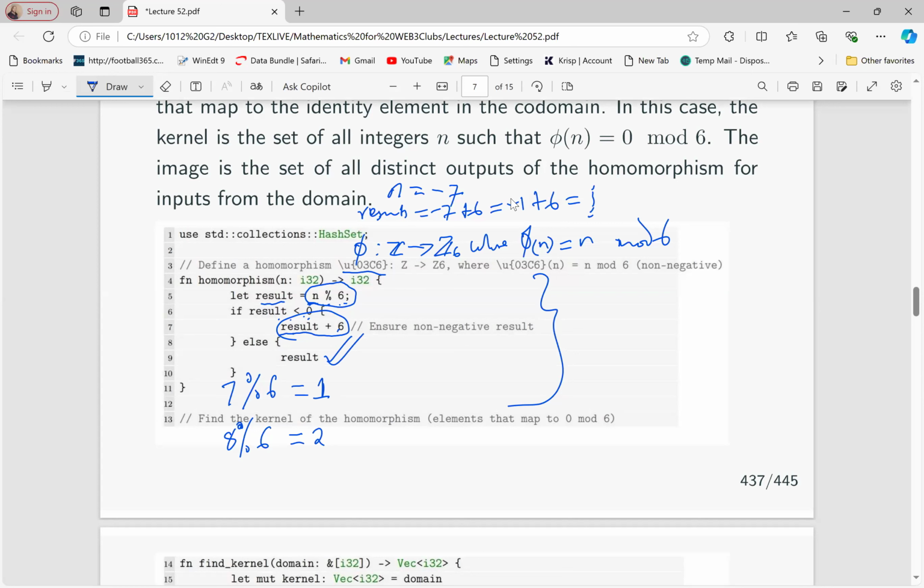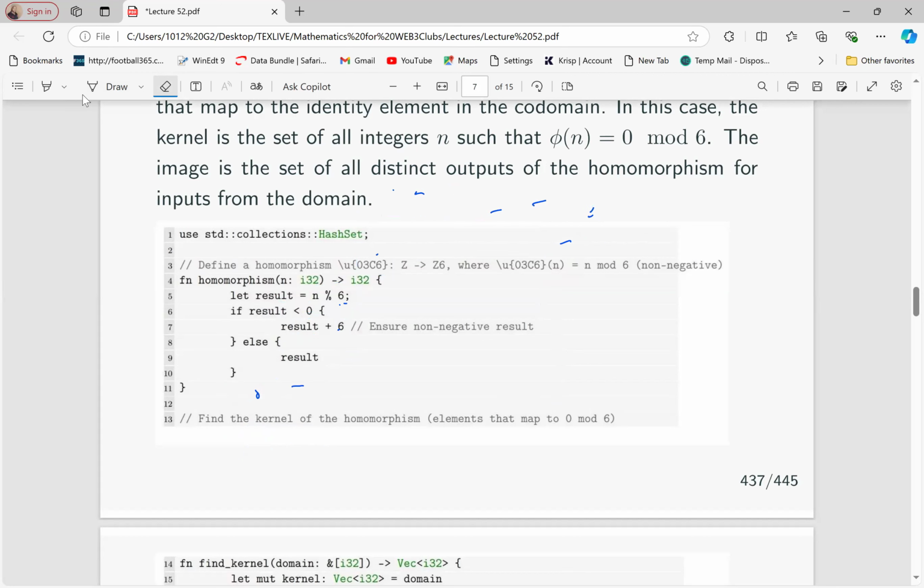So I think this first bit we've understood what it means. Of course, we know what I32 is: we'll be dealing with positive and negative numbers, and there are 32 bits. If you want, you can use something bigger. So our n here can be either positive or negative.